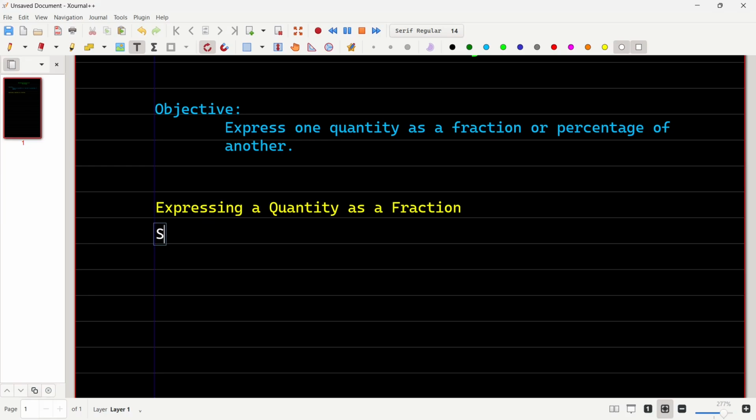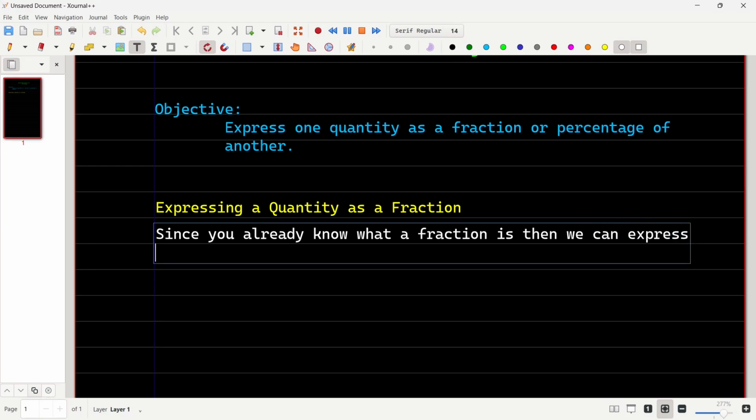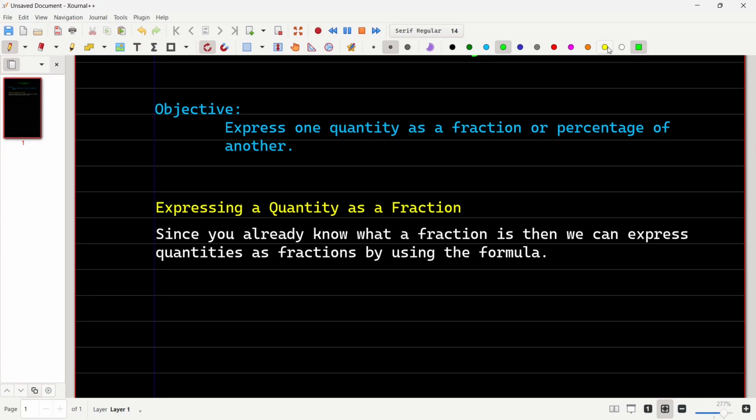So we can express quantities as fractions by using the formula that I'm stating below.